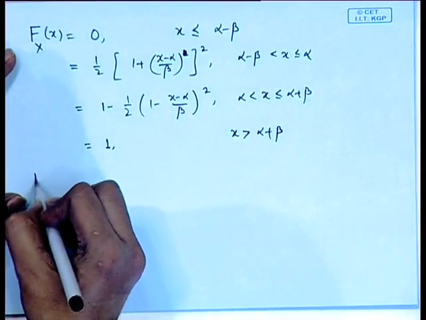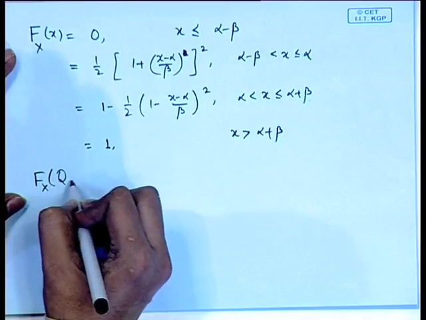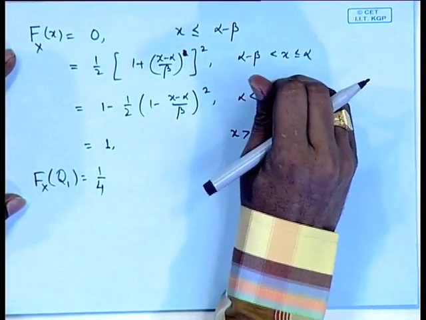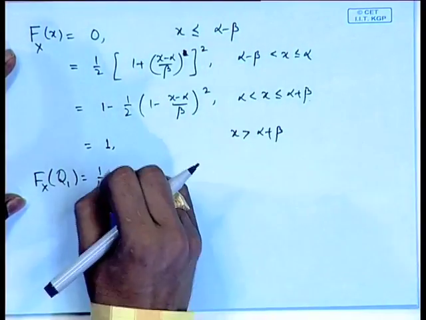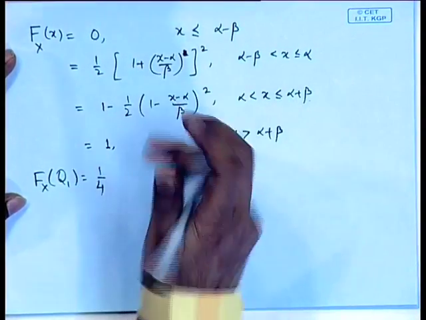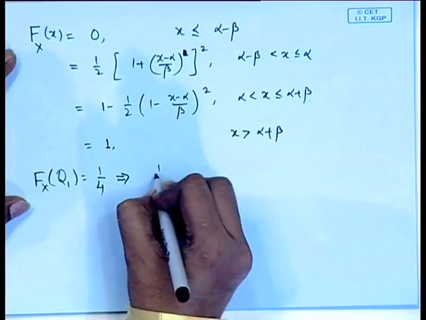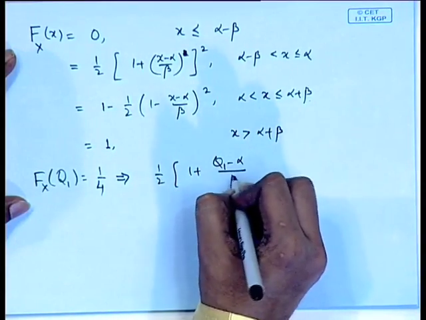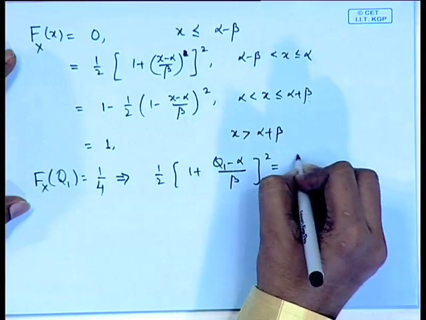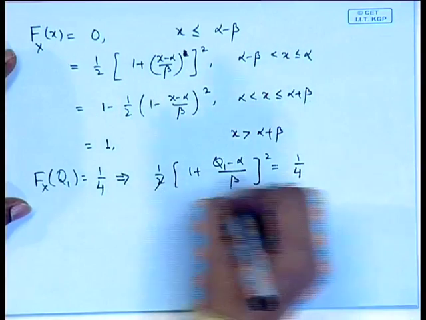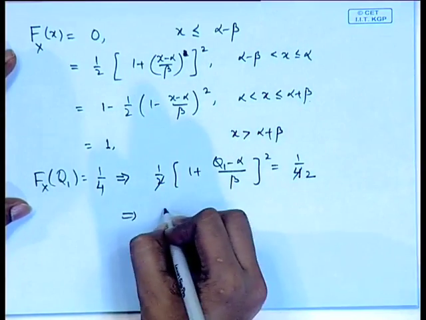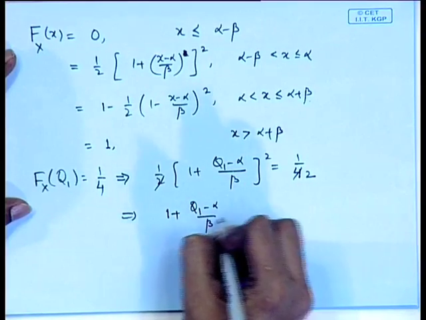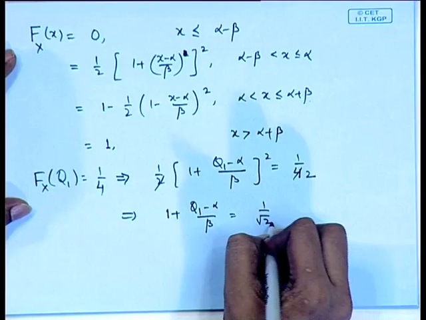If we look at the point where the value becomes 1 by 4, then we need to look at this one, because the probability at x equal to alpha is equal to half. So, 1 by 4 will naturally be in this interval alone. This means that half of (1 plus (q1 minus alpha) by beta) whole square is equal to 1 by 4. So, we can do the simplification here: 1 plus (q1 minus alpha) by beta is equal to 1 by root 2.